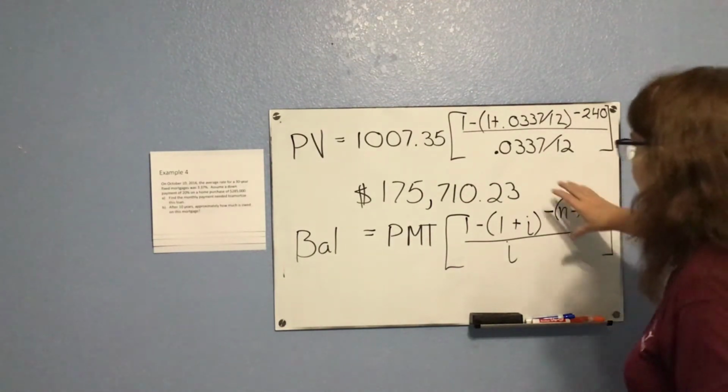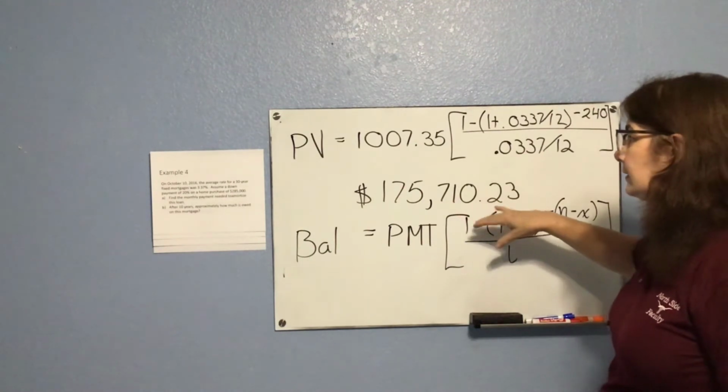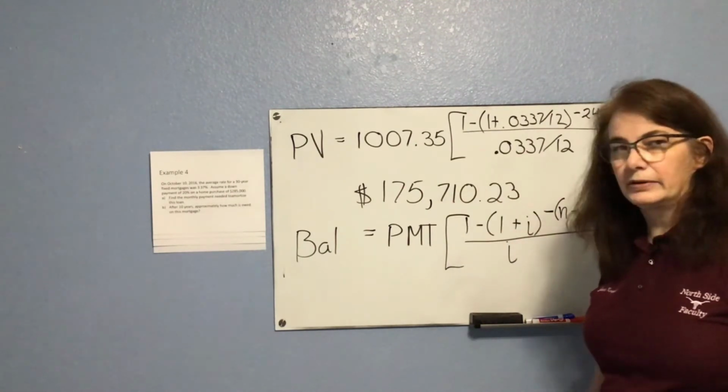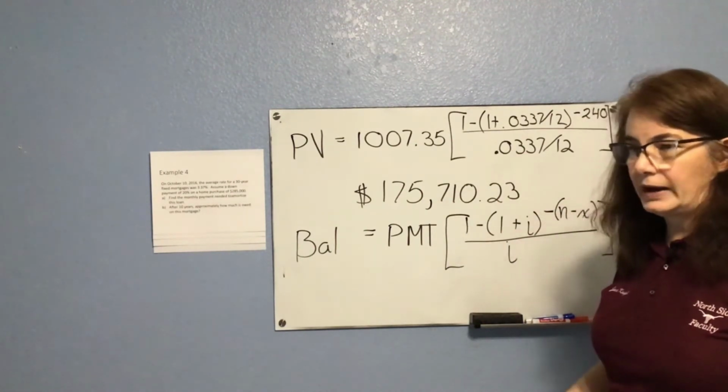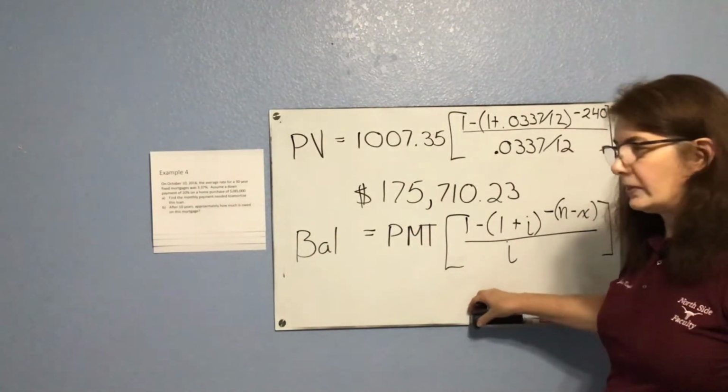Okay, for checkpoint 4, you're going to do this calculation again, and this time see what the balance is after 15 years of payments, or halfway through the mortgage. Pause the video now and work on that.